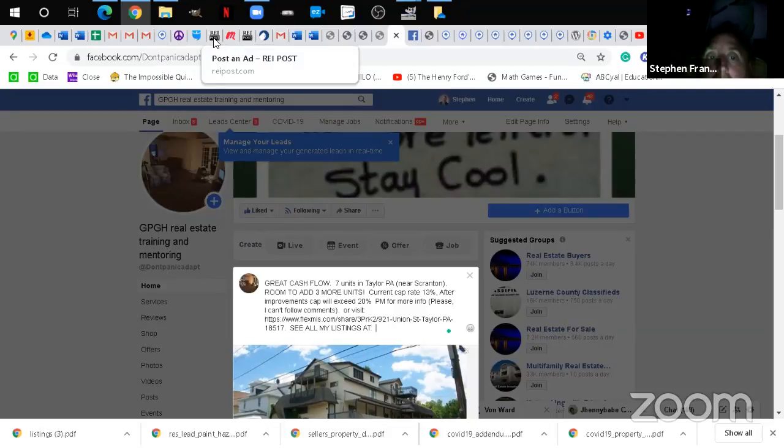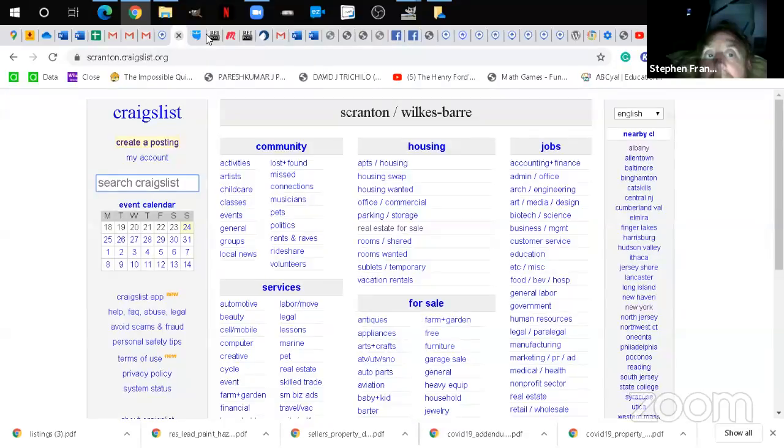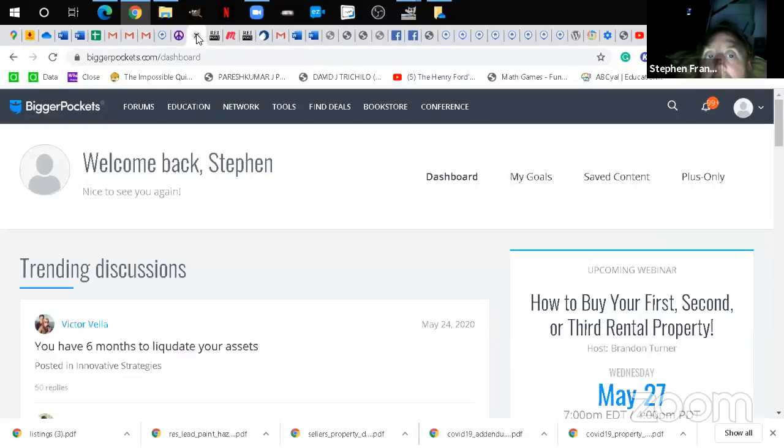And again, we can expand or contract the number of places, but it's always Craigslist. It's always BiggerPockets. The forums are actually more important than the other side. They do allow me something like four ads a month. Something small, and I've never wanted to spend more than that.